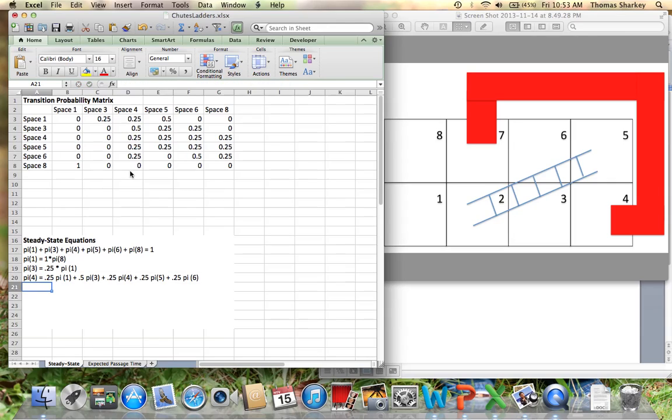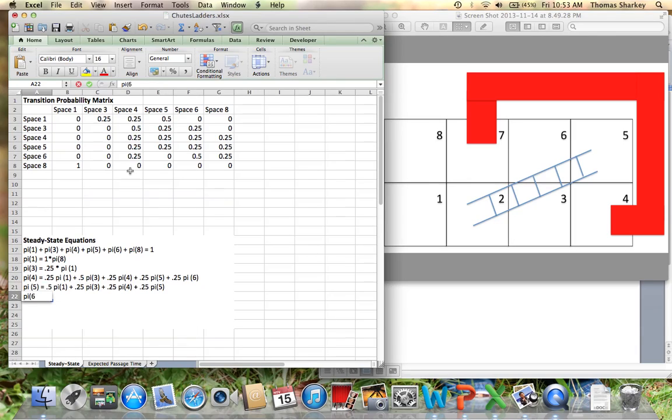And then we need to continue filling out similar equations for spaces 5, 6, and 8. So pi of 5 is going to equal 0.5 pi of 1 plus 0.25 pi of 3 plus 0.25 pi of 4 plus 0.25 pi of 5.